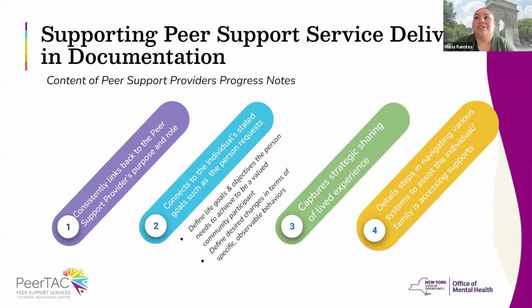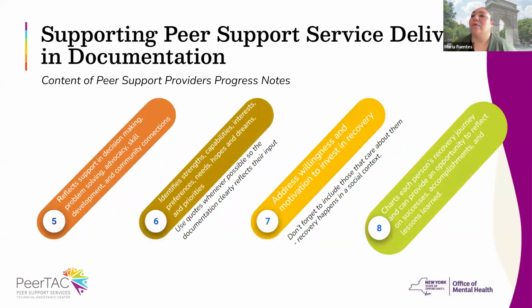Define desired changes in terms of specific observable behaviors. It captures strategic sharing of lived experience, and details steps in navigating various systems to assist the person or the family in accessing supports, which is something that we also do, right? We provide the support and the guidance, and we walk along with people. That is very important. Reflect support in decision-making, problem-solving, advocacy, skill development, and community connections.